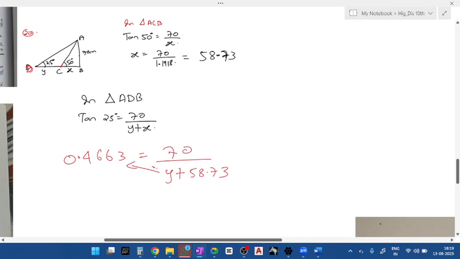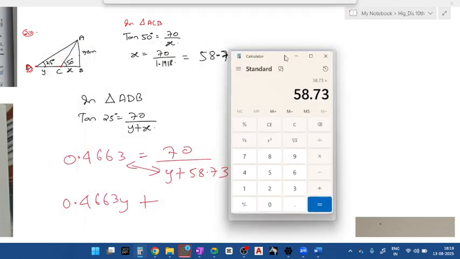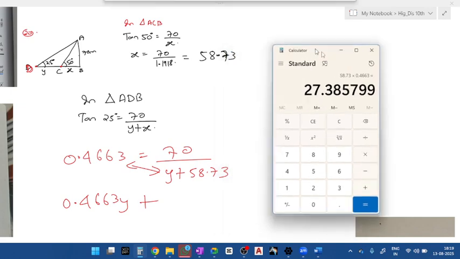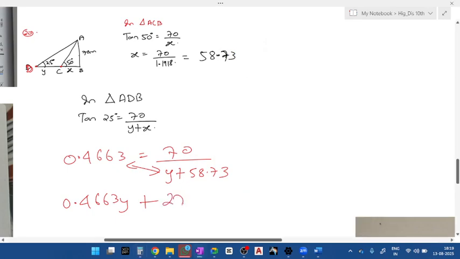If you cross multiply, what do you get? 0.4663 y plus, you have to multiply 58.73 into 0.4663. What's the value we get? 27.38. So let me take 27.39.